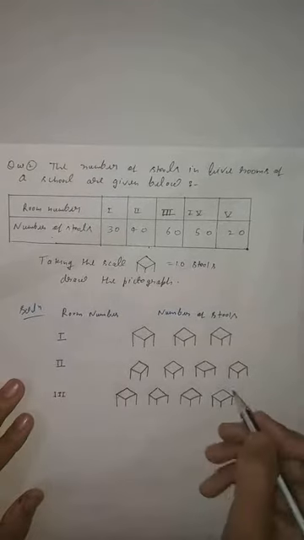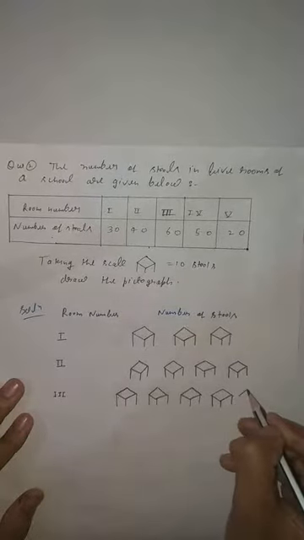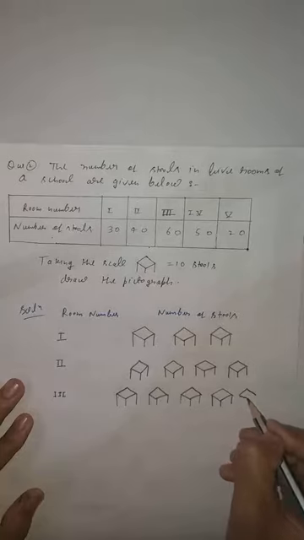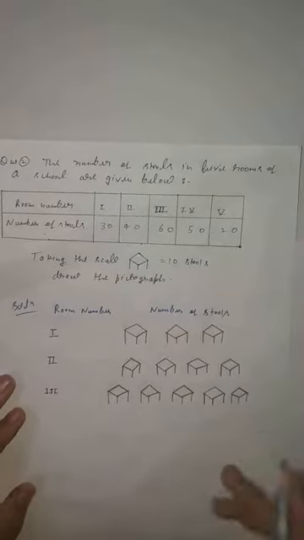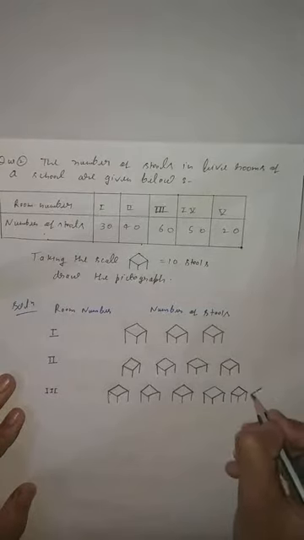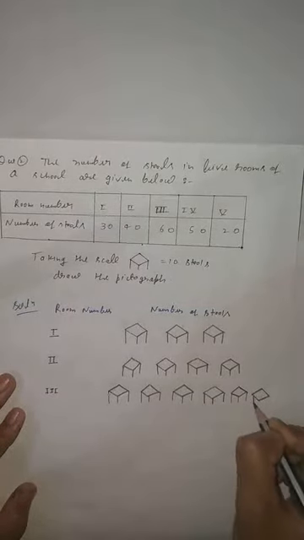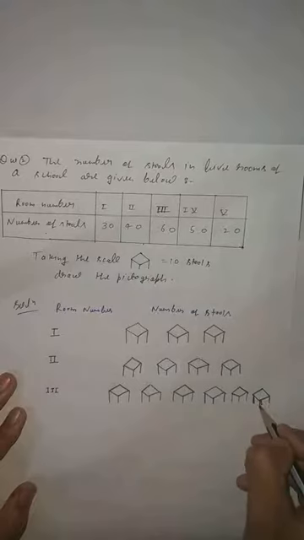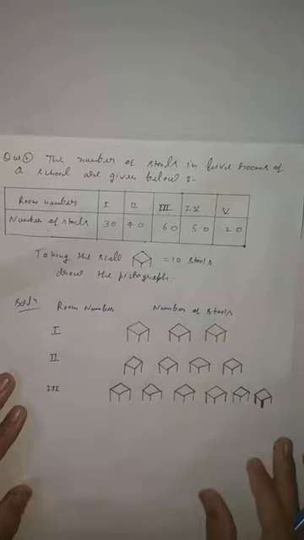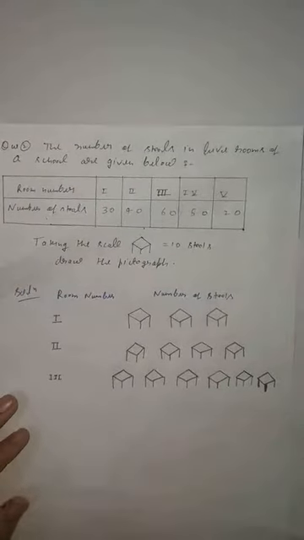Yes. Now next, this is your 5 and 6 you have to draw, right? This last one is 6. Clear, students? So 6 stools in room 3. Clear, students?